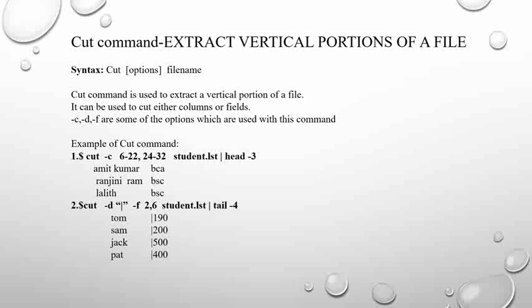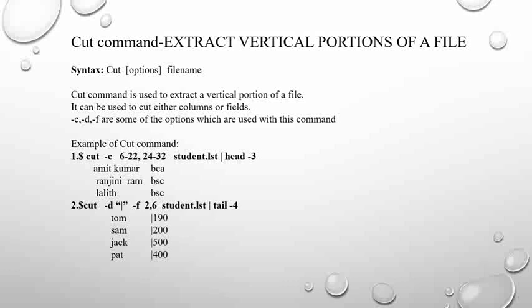In the second example for the cut command, I have used the delimiter option, hyphen d, which is used to specify the delimiter, on the file called student.list, and -f will give you the fields, and tail will display the last contents of the student.list file, the last 4 lines.